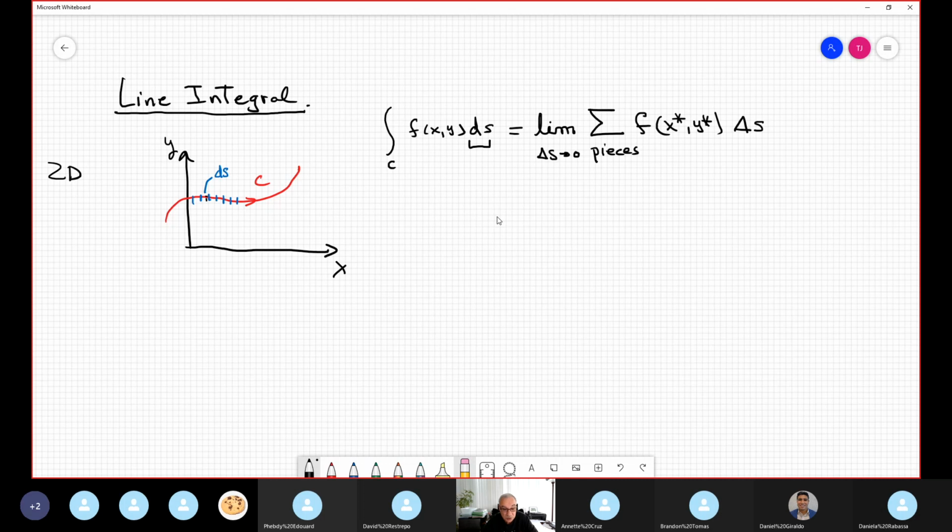Now, to understand more clearly, what is the interpretation, professor? Remember, the interpretation for the integral depends on the nature of the function. Suppose that this function represents the density function of one wire that is represented by this curve.